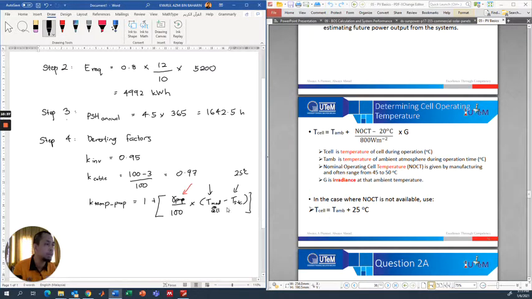So now we have all the values we need. So 1 minus 0.485 divided by 100 multiplied by 34, and you are going to get the answer as 0.8351.